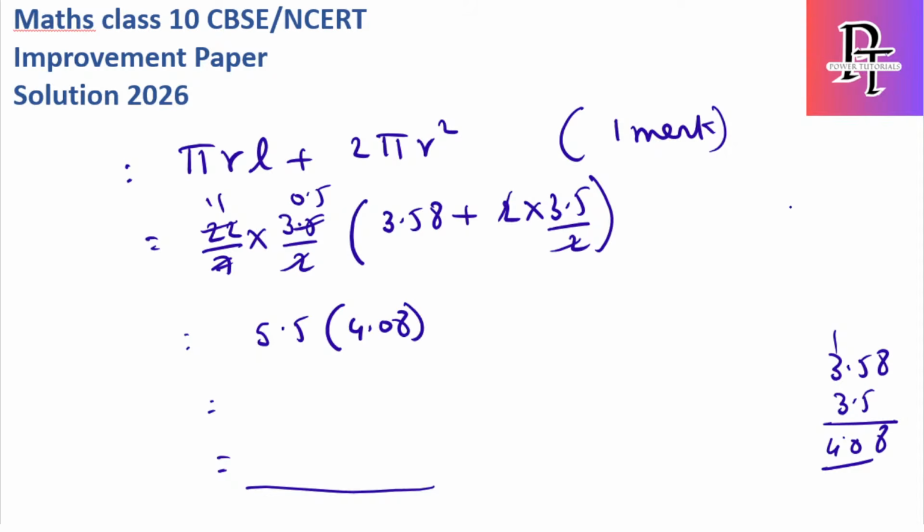So just multiply 4.08 into 5.5. 5 is 44. 4 is 20, and then it will be the same. It is 2040. So we'll get the value as 22.44 centimeters square.